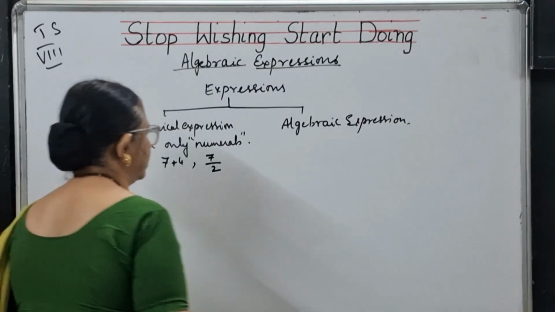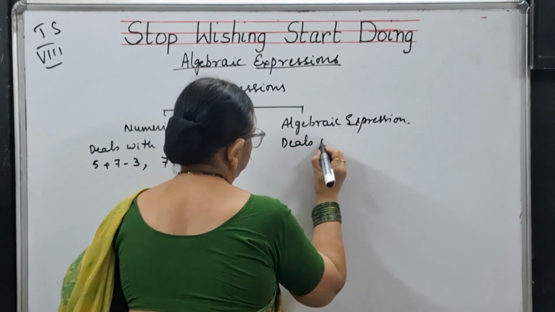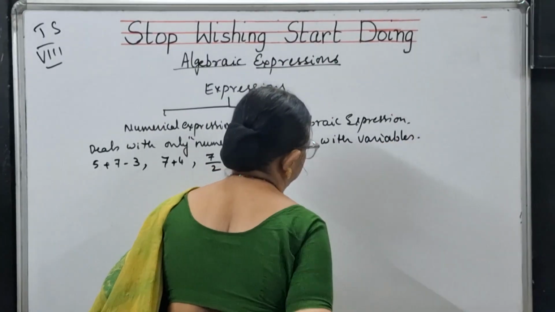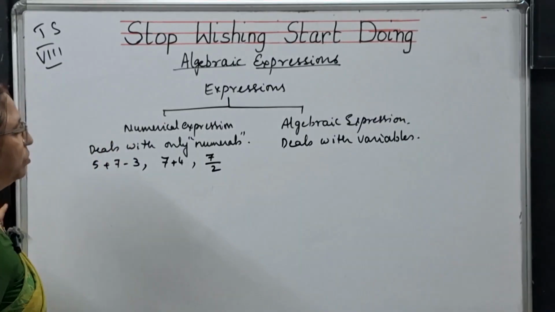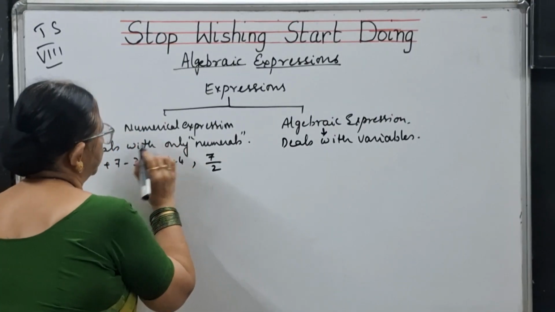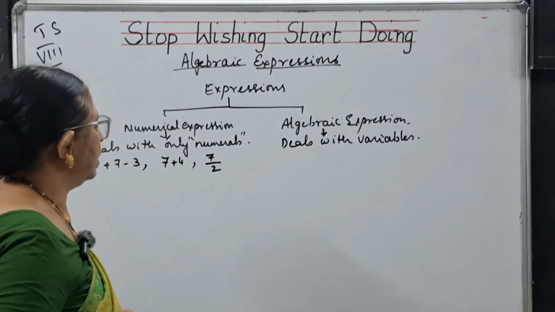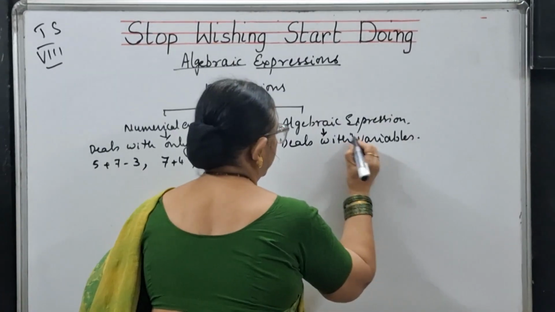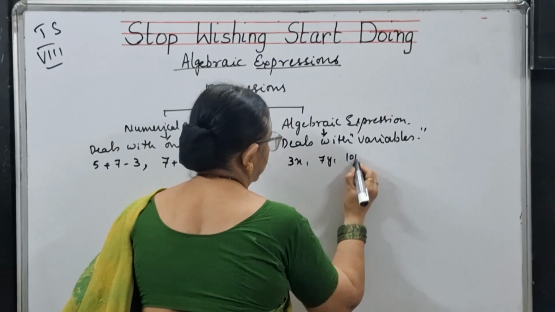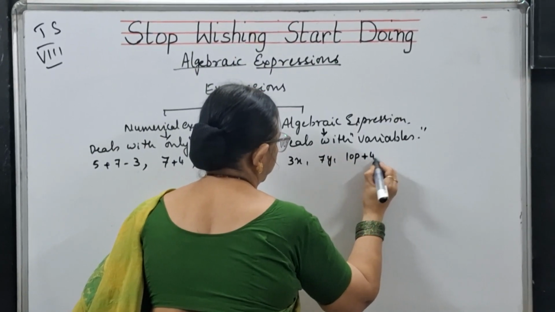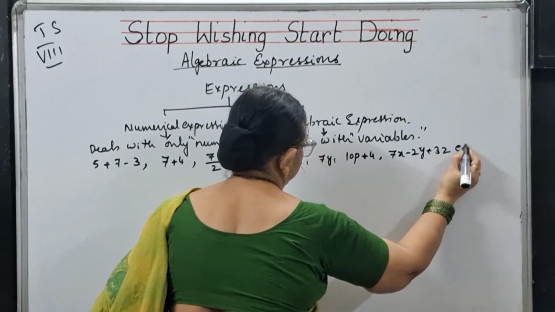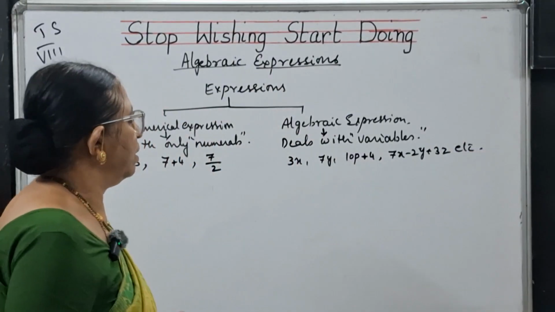Whereas algebraic expressions deal with variables. That is why, to know what are constant terms and variables, I have given a small introduction, children. So algebraic expression deals with variables. Numerical expression deals with only numerals. Variables means 3x, 7y, 10p plus 4, 7x minus 2y plus 3z, etc. Why?